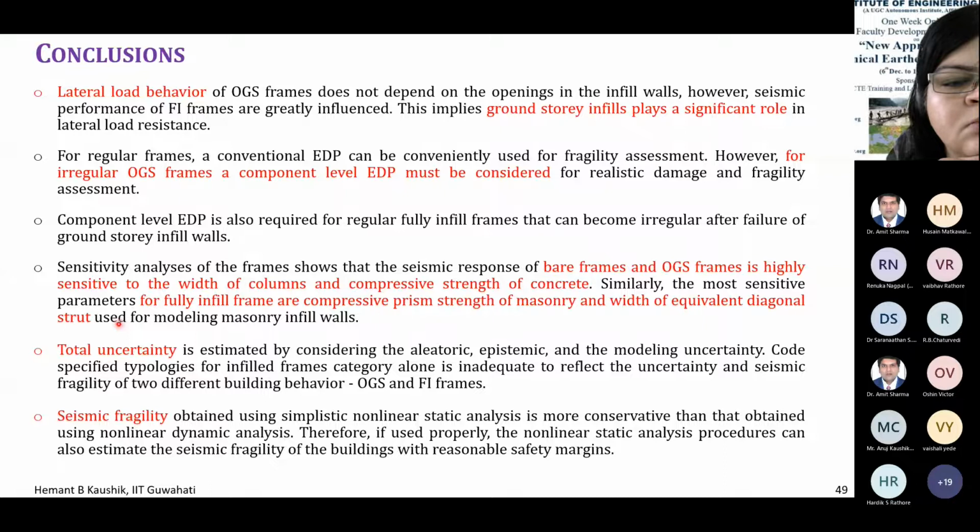The sensitivity analysis shows that the response of the bare frame and the OGS frame is highly sensitive to BC, which is width of column, and FCK. Similarly, for full infill frame, the most sensitivity comes from the prism strength of masonry and width of equivalent diagonal strut.